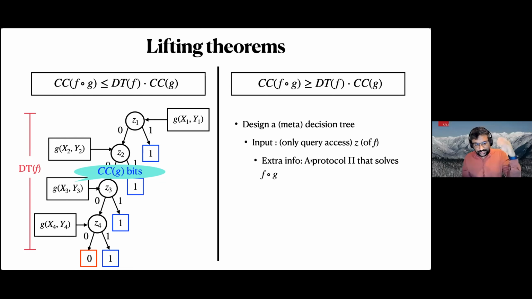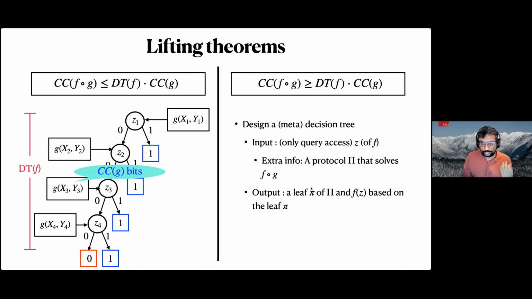So this decision tree algorithm, apart from having query access to z, also knows this protocol pi. And what it would try to do is sample or find a leaf of this protocol pi, and based on this leaf, output an answer to f of z.